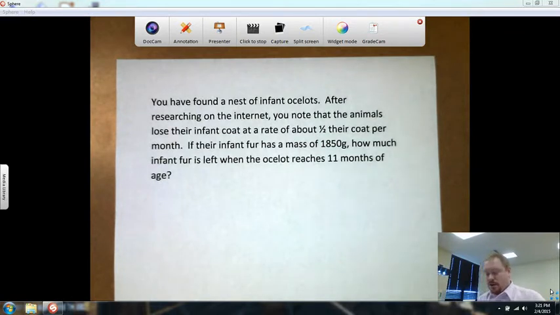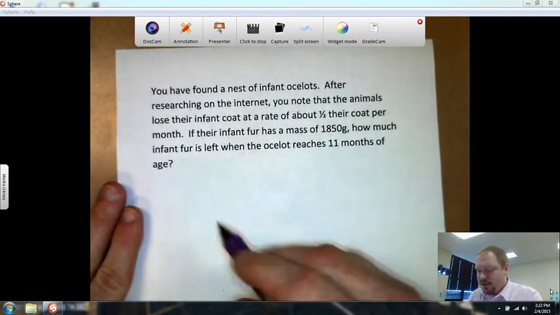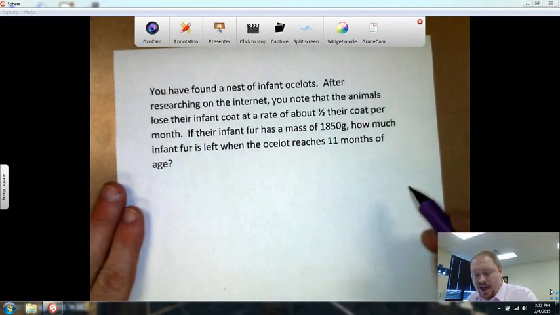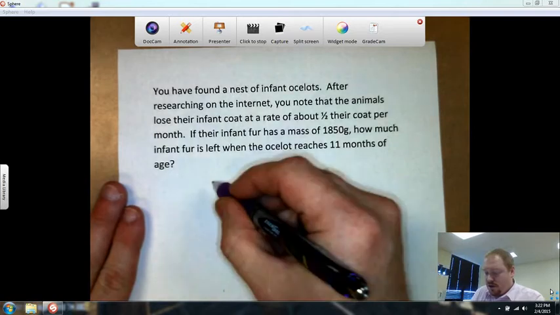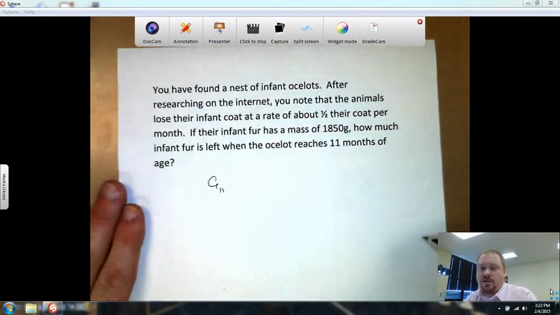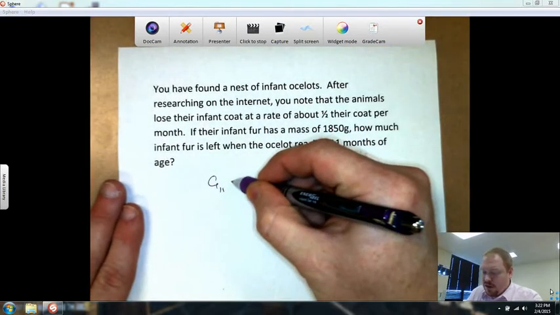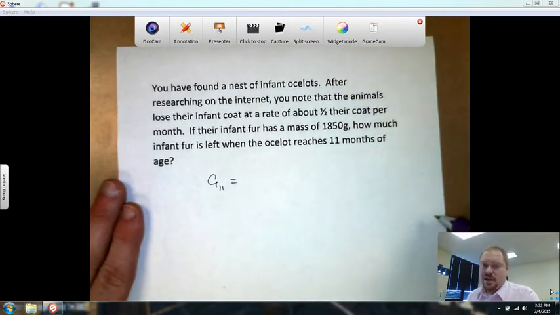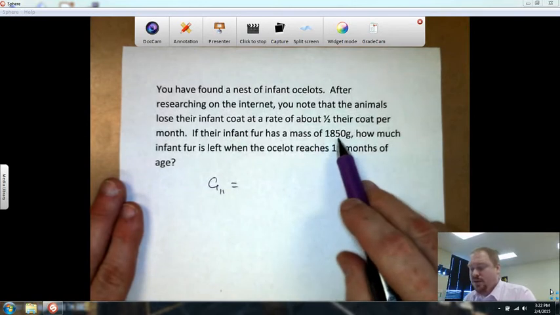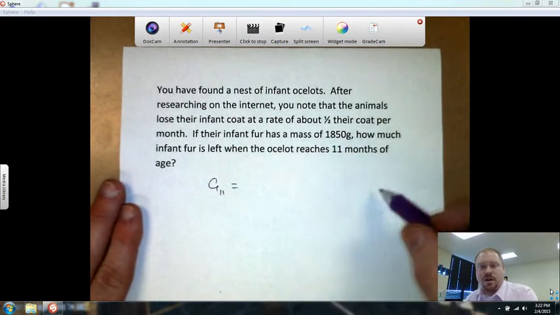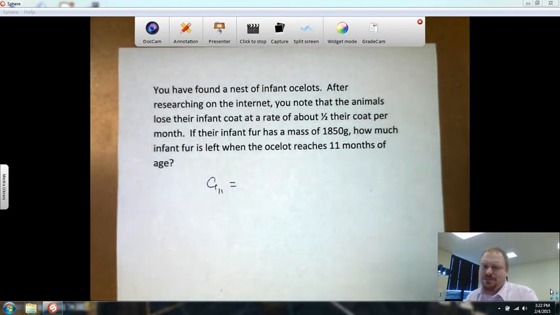Now, what we're looking for is how much fur is left at 11 months of age. So, what we're actually looking for is a sub 11. Now, we know that the ocelot started off with 1,850 grams of infant fur. Let's just go with it.